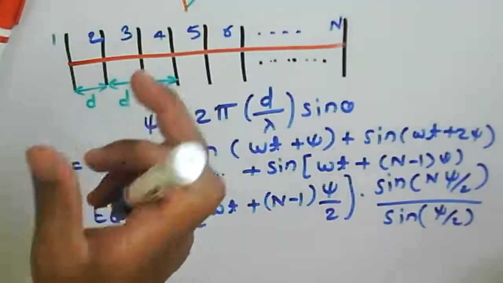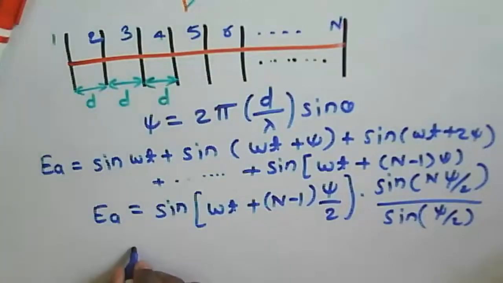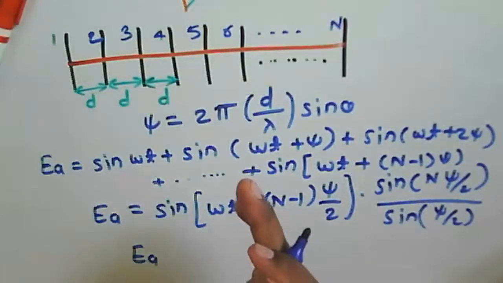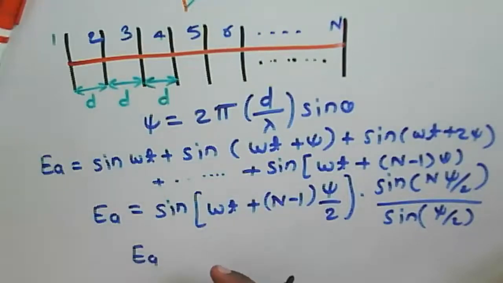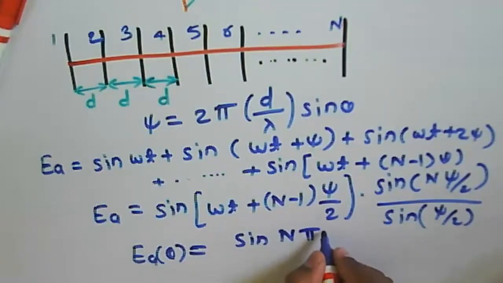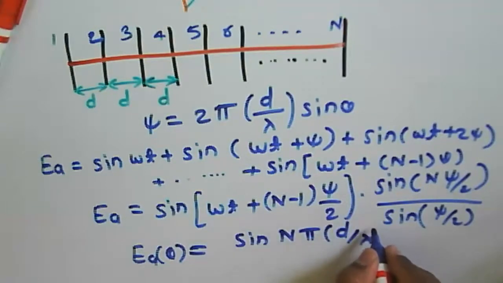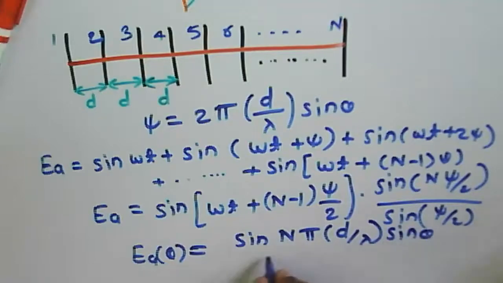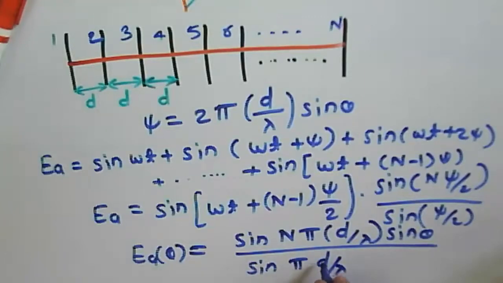So what will be the field intensity pattern? The field intensity pattern we can write with respect to the angle of the irradiation or incoming signal we are getting. So we can write here E_A of theta is equal to sine of n pi d by lambda sine theta divided by sine of pi d by lambda into sine theta.